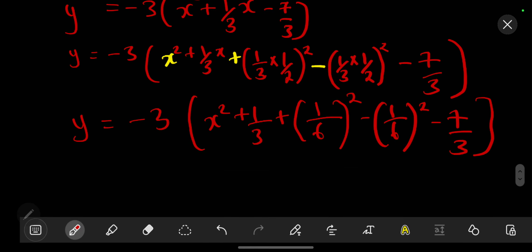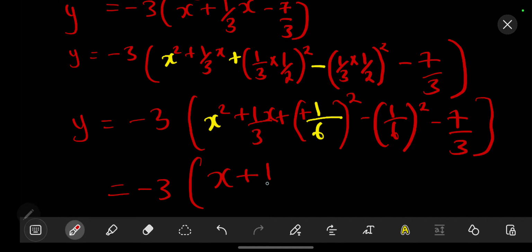What we are going to do is, we have the x here, this one has got squared and this number has got squared. The one that is adding up, that's the one that you consider. So you are going to take your x, whatever value it is here, in this case it is a positive, so you will say plus 1 over 6. Then you are going to square this.